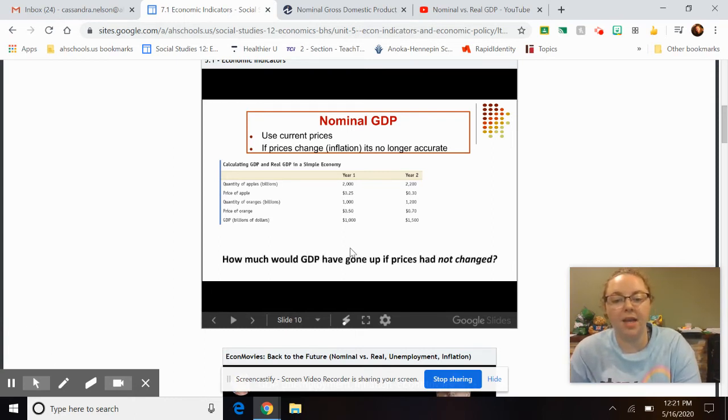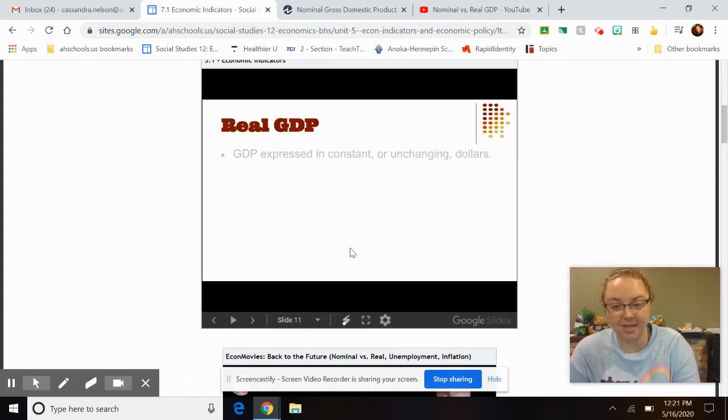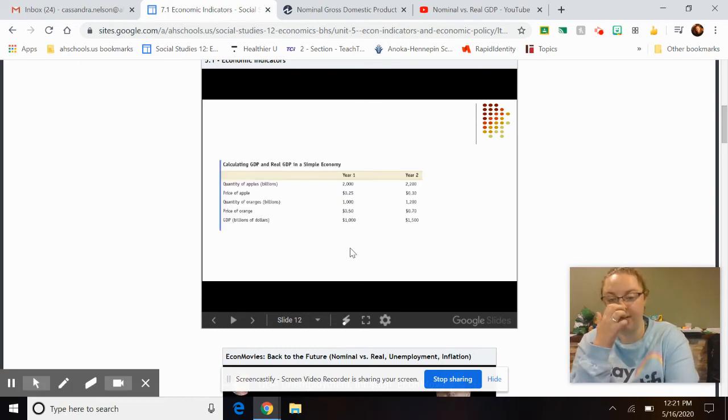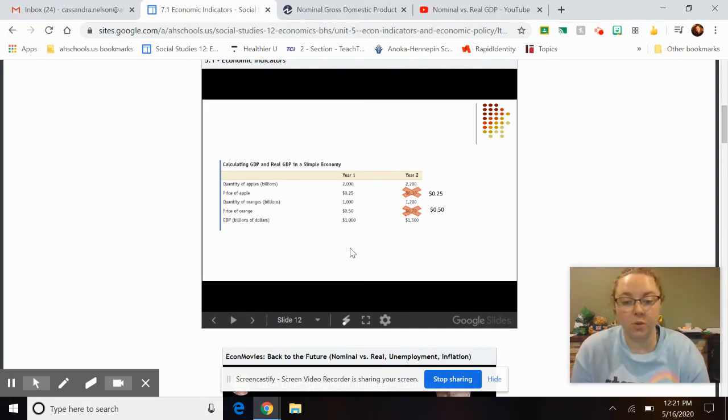And then real GDP is taking into account an actual increase in the product itself. So in this little thing here, it's showing you that the prices aren't changing. From year 1 to year 2, the prices don't change, but the quantity of apples goes up.